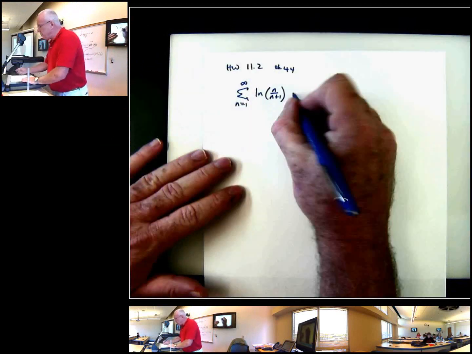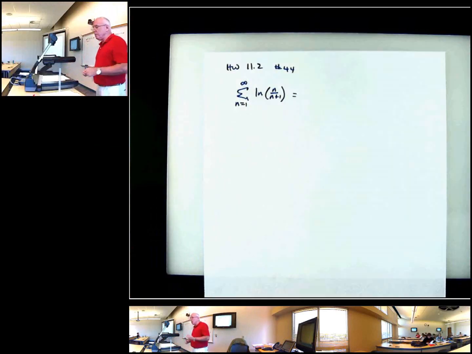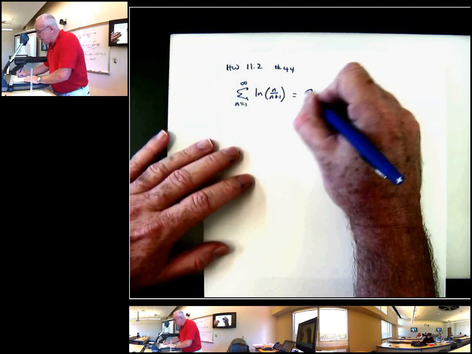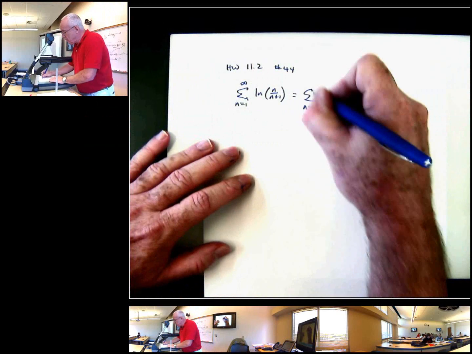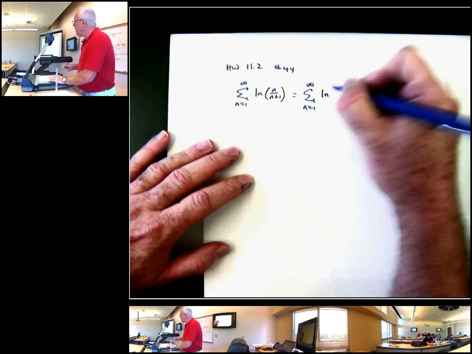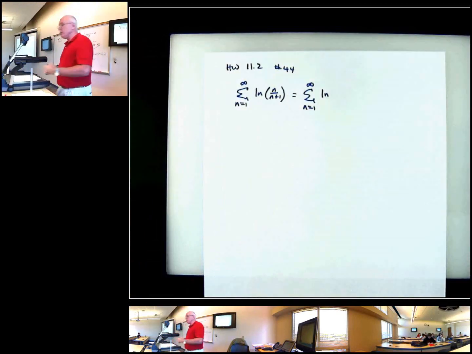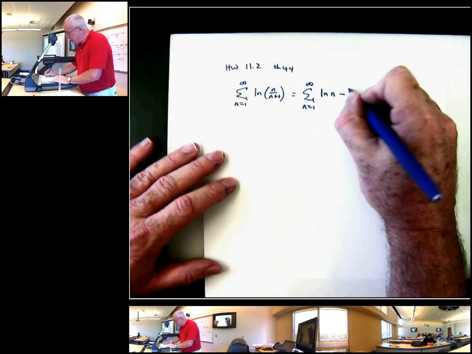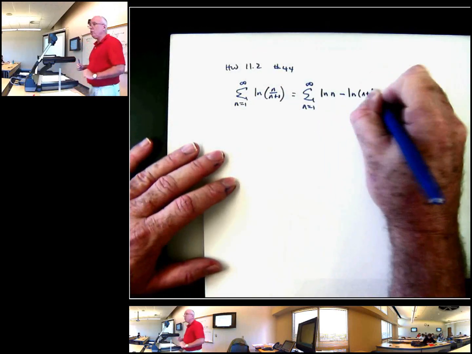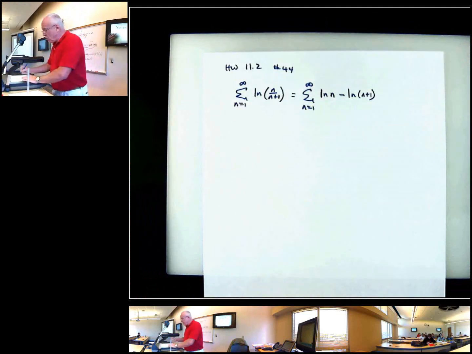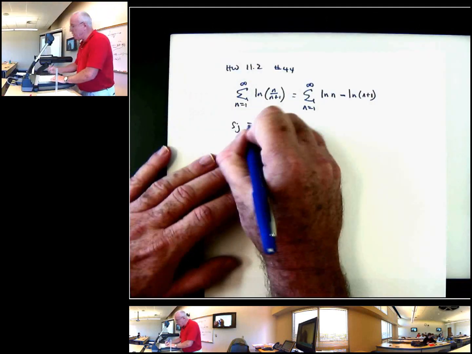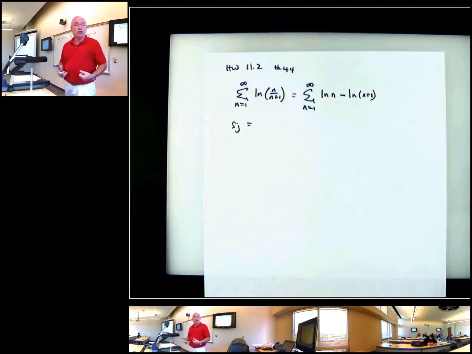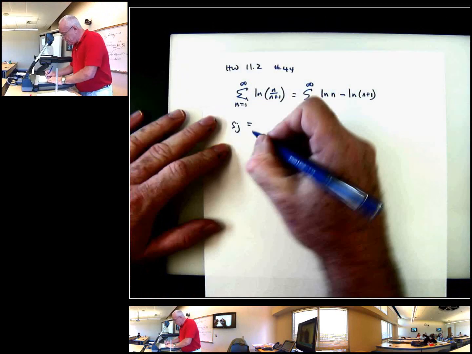So what we want to do here is use our log property and separate this out. We have an ln of something divided by something, so we can separate it as the ln of the top minus the ln of the bottom. Let's look at the partial sum of the first j terms.